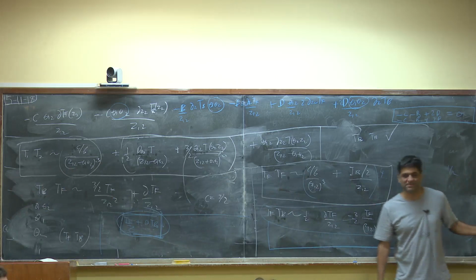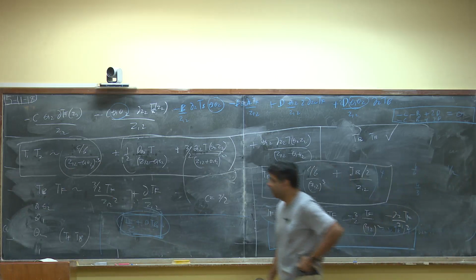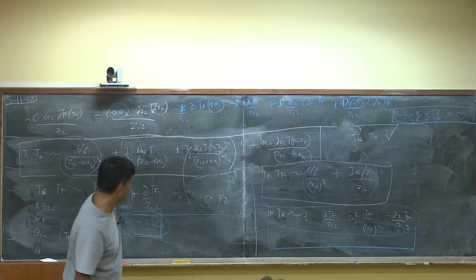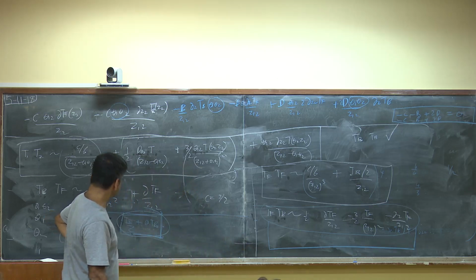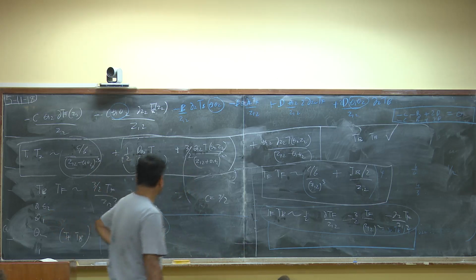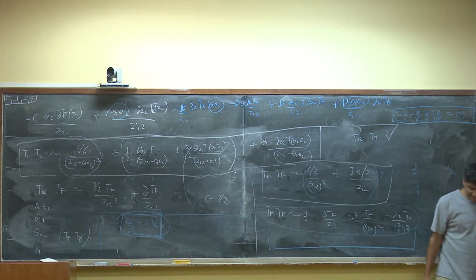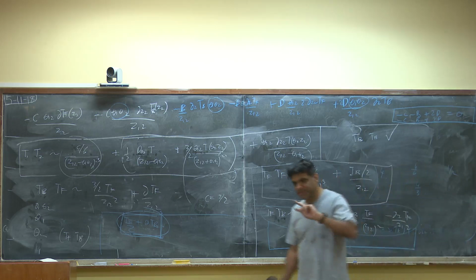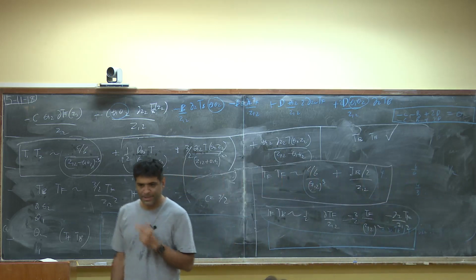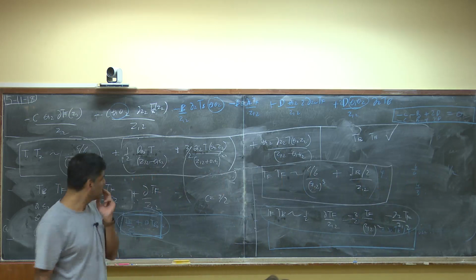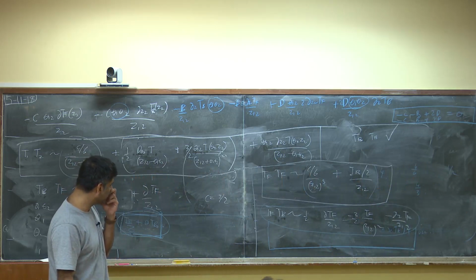One of them we fixed by hand, C equal to 3 by 2. I said C is equal to 3 by 2 by hand. It's a bit surprising that the supersymmetry didn't fix the dimension. I agree.